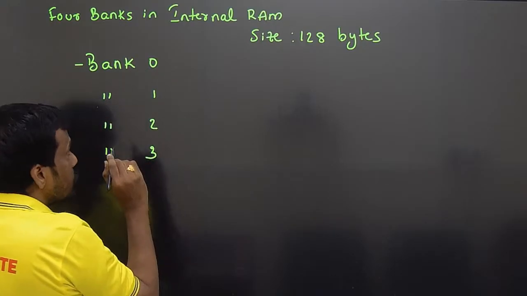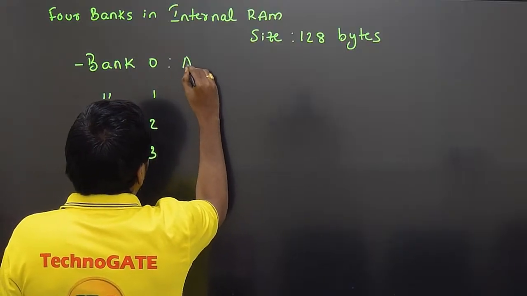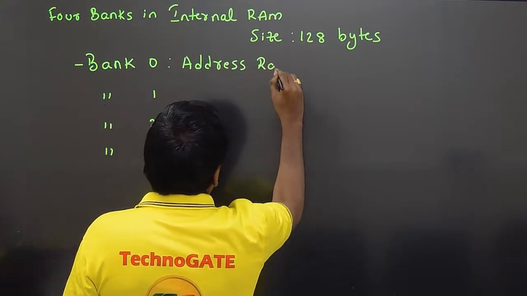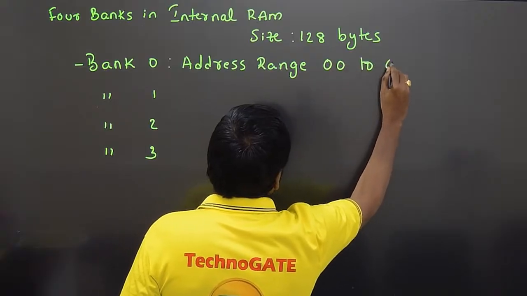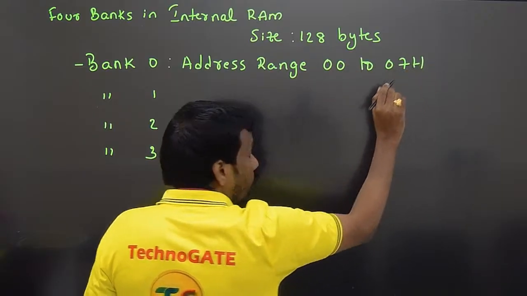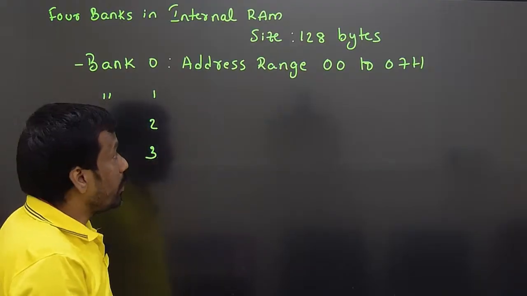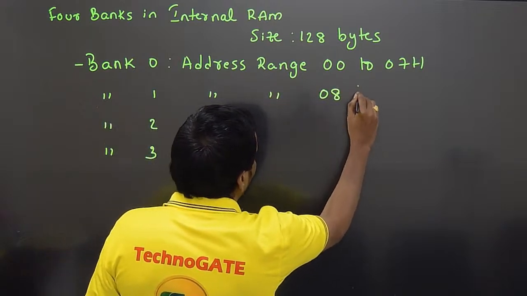Bank 0 address range is 00 to 07. Bank 1 address range is 08 to 0F.